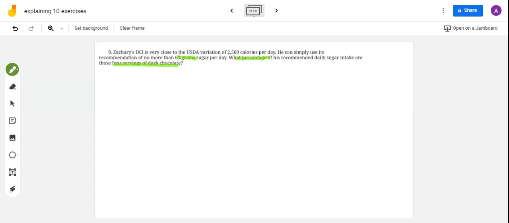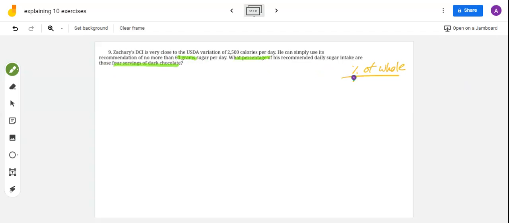So I'm going to write in this little corner over here what our formula was. It was the percentage of a whole. There you go.